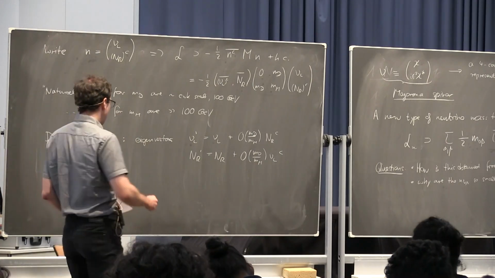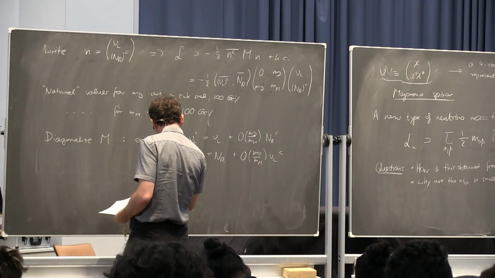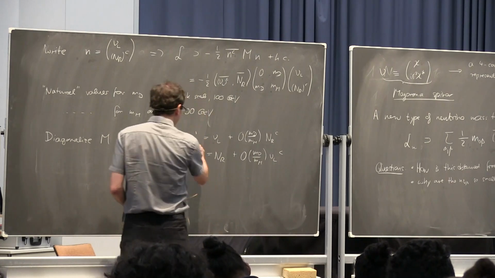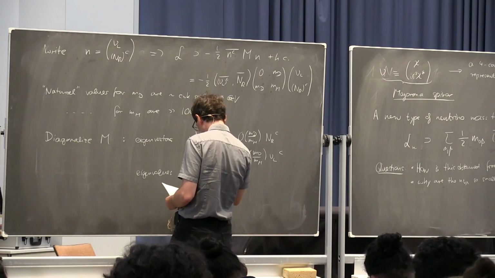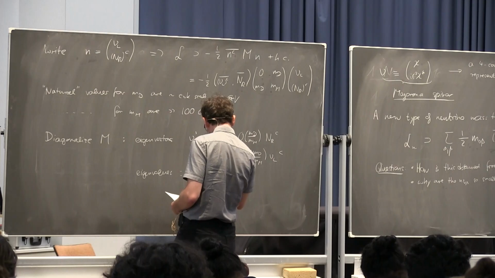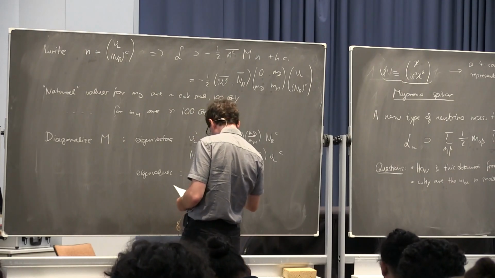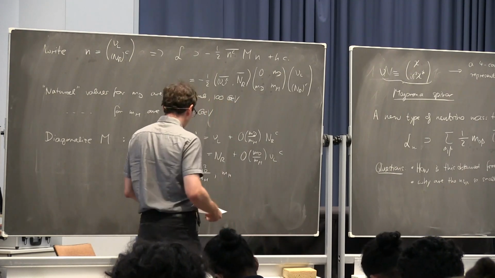But what's more important than the eigenvectors are the eigenvalues. The eigenvalue corresponding to nu L prime is exactly minus MD squared over MM. And the second eigenvalue is of order MM.